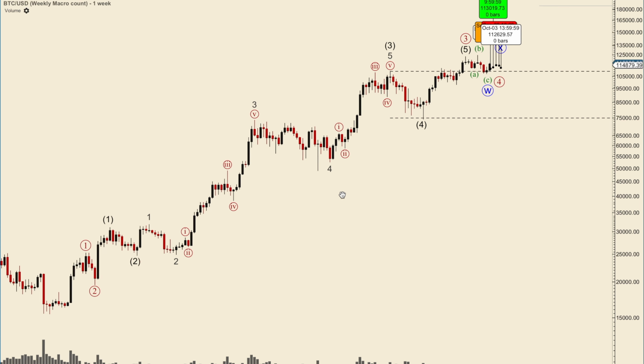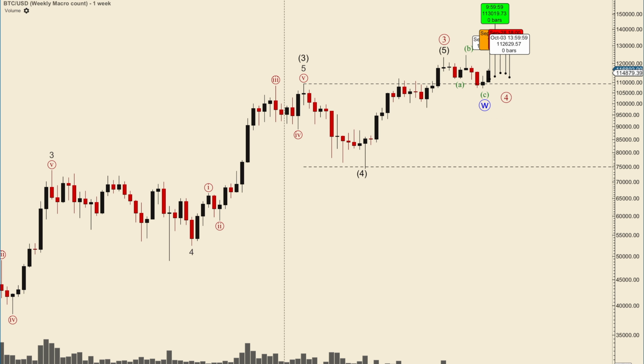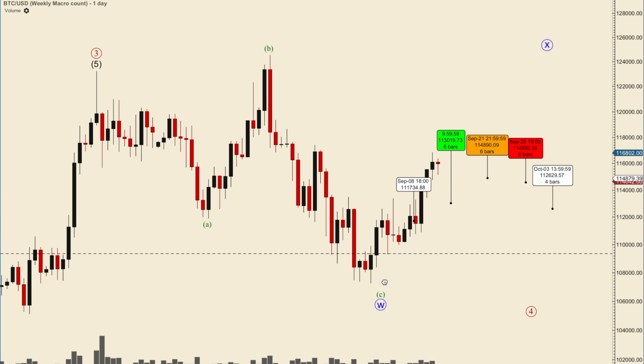And here I have calculated some fib targets in fib time for when the correction could be over, or at least when something is about to happen, because with these fib times, it's not always over, but it usually marks something important that is happening.